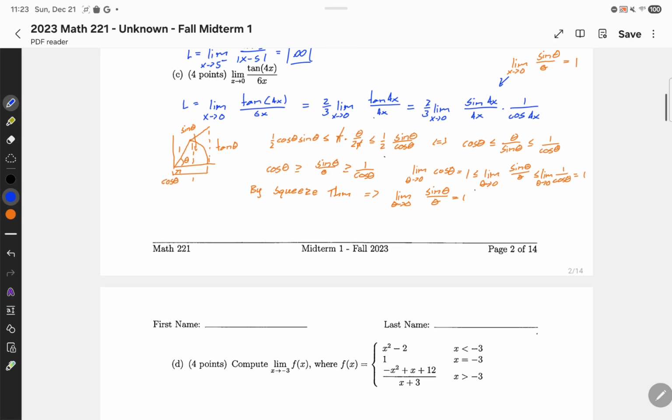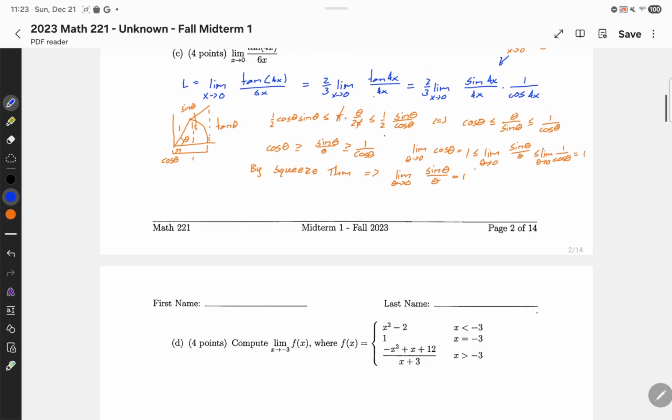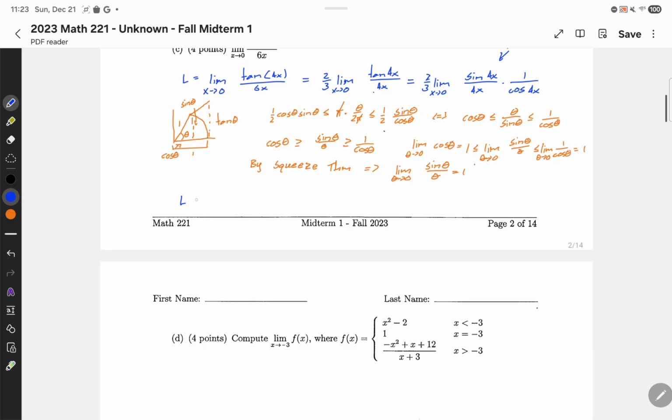So now we can go ahead and return to our limit up here. We have that the limit, we'll draw a little implies arrow, the limit is going to be 2/3, and now we're looking at the limit as x approaches 0 of sine of 4x over 4x. Well, this is of the form we just showed, so this is going to just be 1.